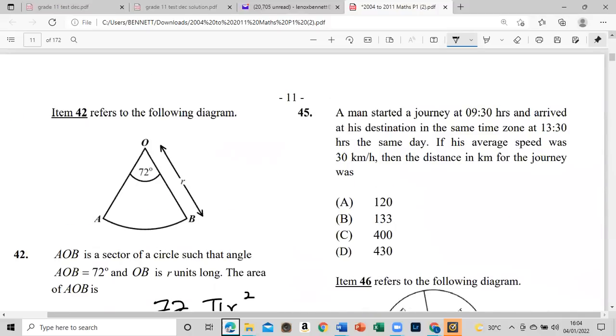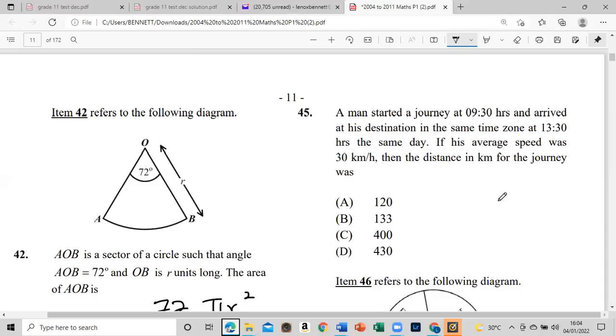A man started a journey at 9:30 hours and arrived at his destination in the same time zone at 13:30, so that's army time, so that's 1:30 p.m. If the average speed was 30 kilometers per hour, then the distance is, alright, so I'm going to reason it out.